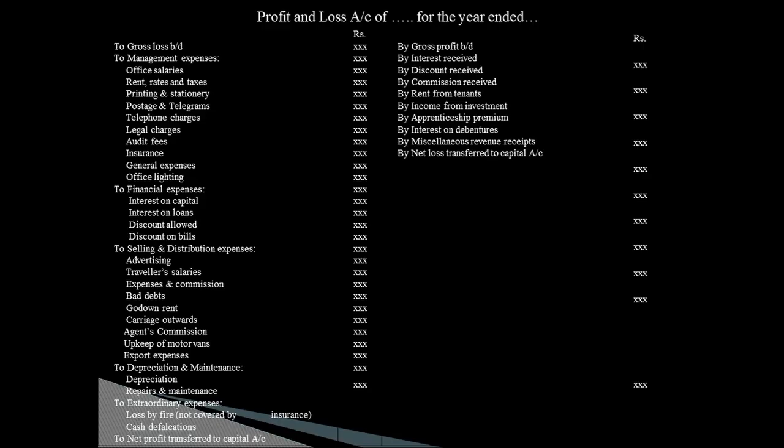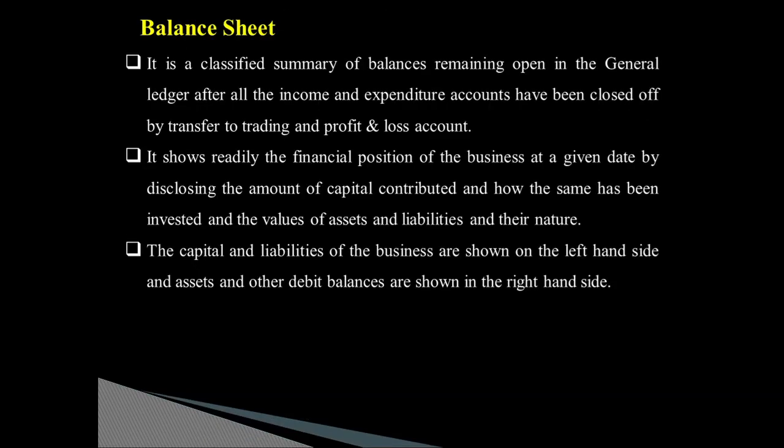The difference between the expenses and the gross profit and income is either a net profit or a net loss. The net profit or net loss is carried forward to the capital account on the liability side of the balance sheet.